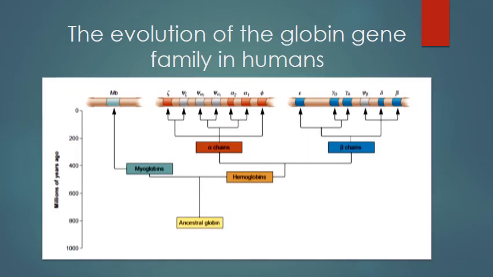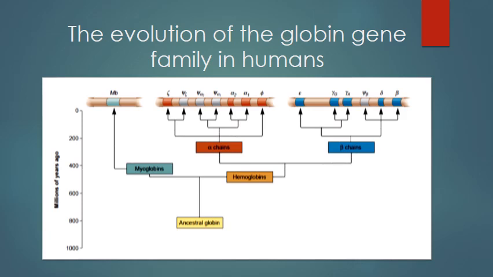Got my point? Okay. Now this is a practical example: how hemoglobin arose. When two or more genes are derived from a single ancestral gene, the genes are said to be homologous. Homologous genes within a single species are called paralogs and constitute a gene family.